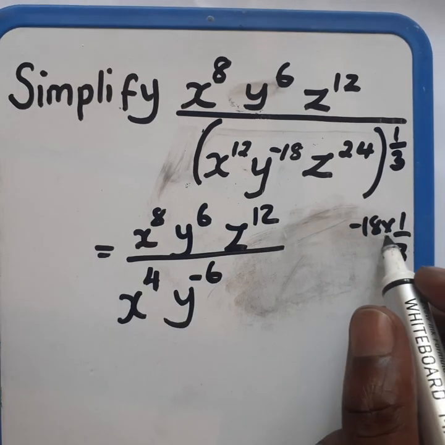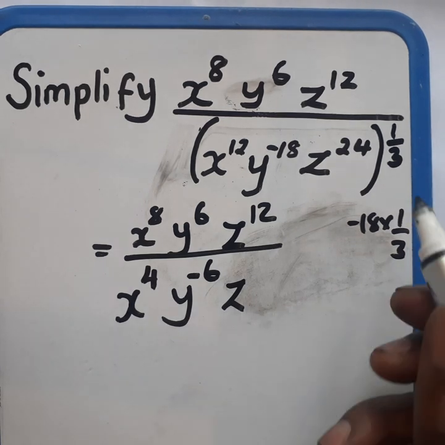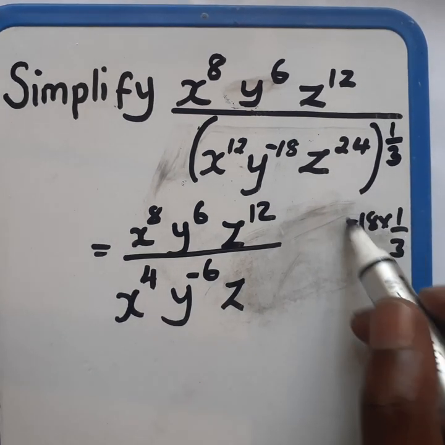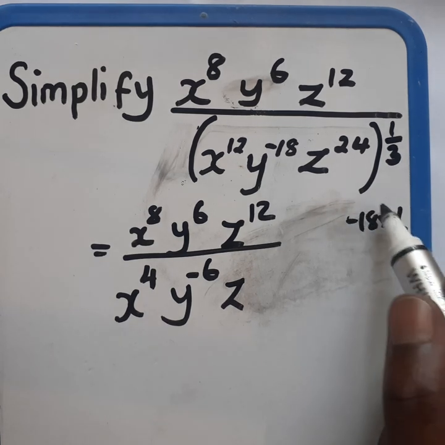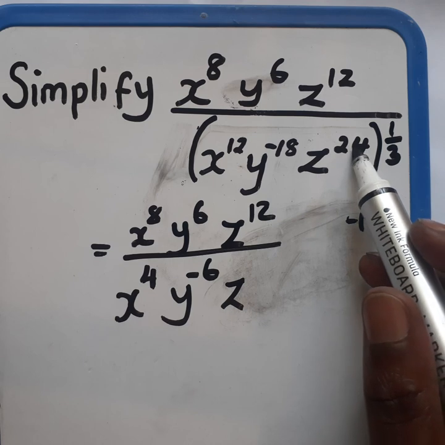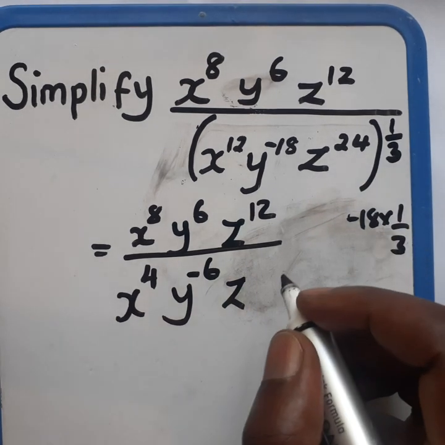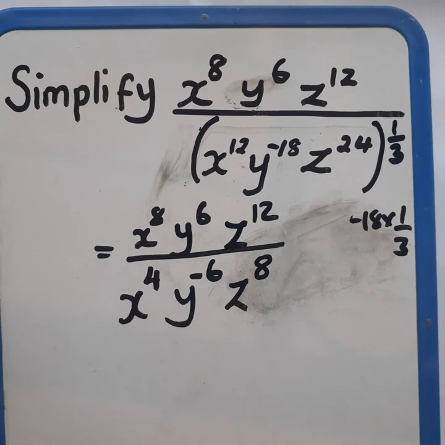This gives us negative 6. Then z, again, instead of negative 18 here, you put 24. So it will be 24 divided by 3. What are we going to get? That is going to give us 8.